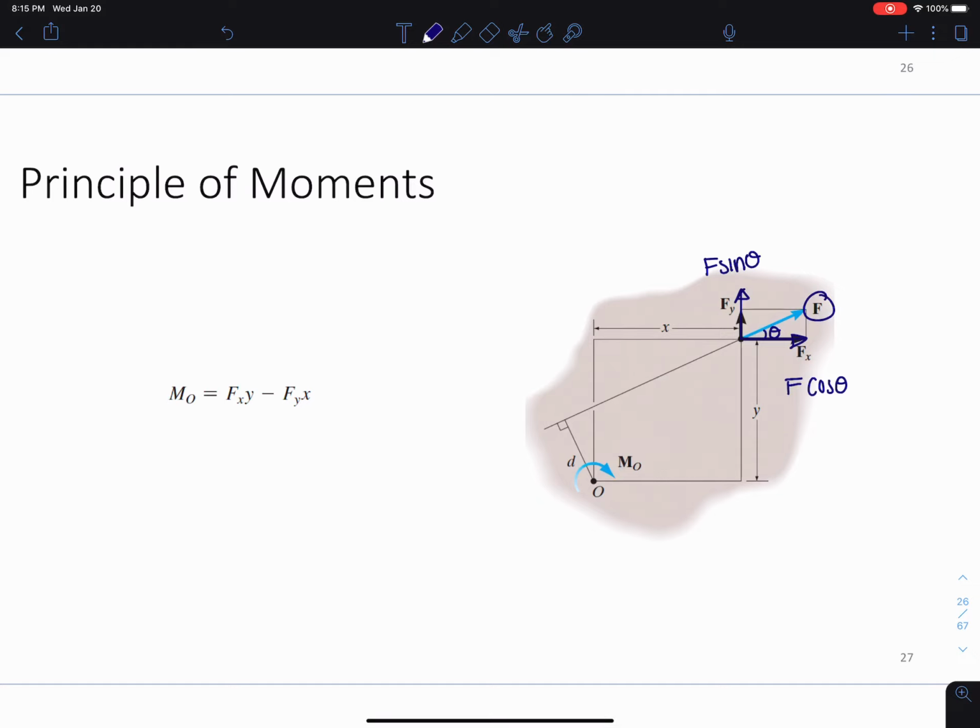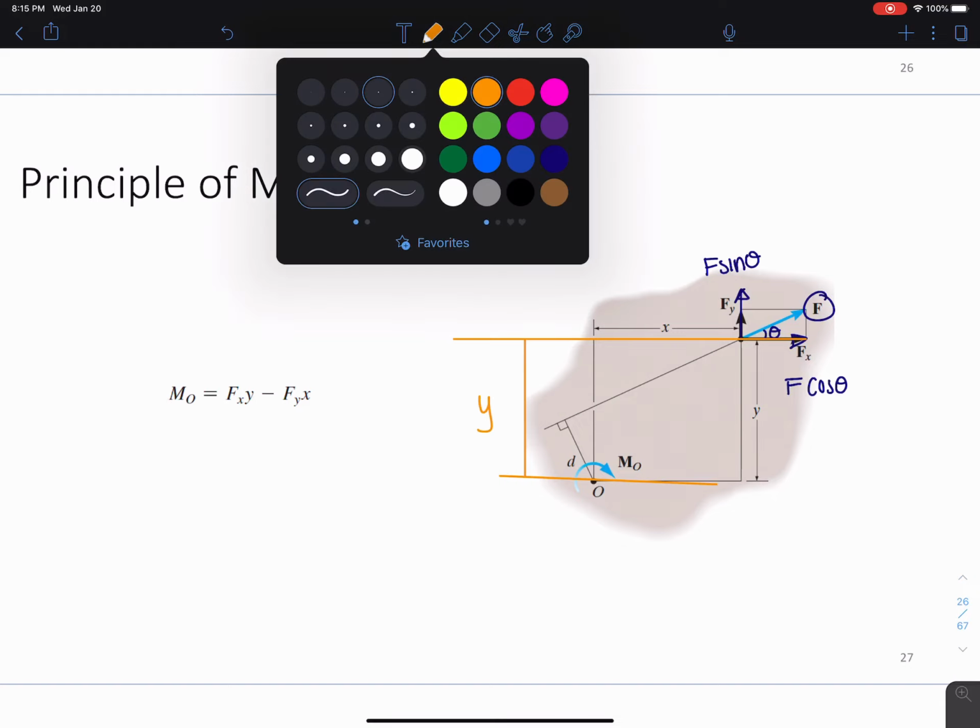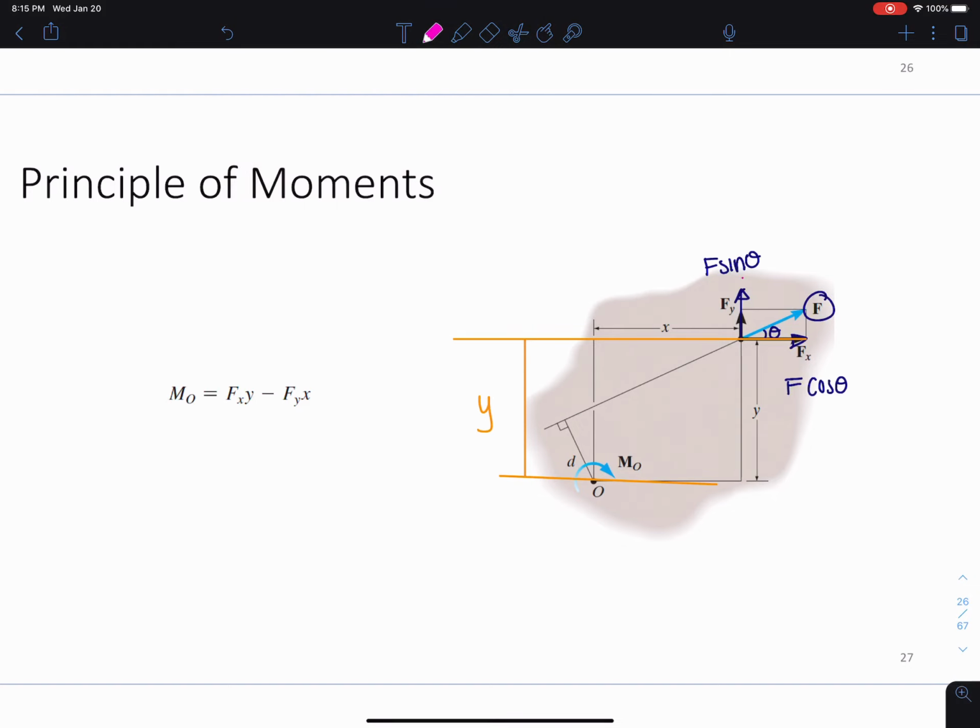And F cosine theta would be the distance from point O to the line of action of that force. So I would have this distance here, which is some y. And then the distance to F sine theta would be the line of action of that force to O, which is some distance x.